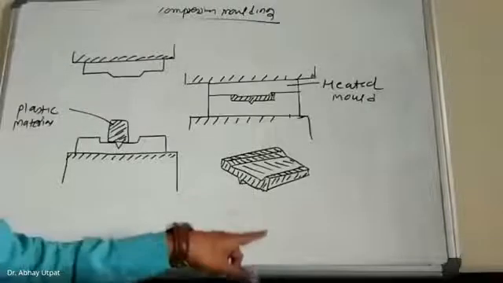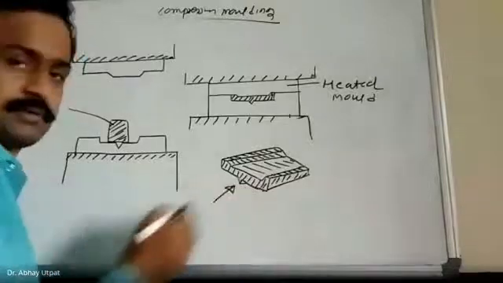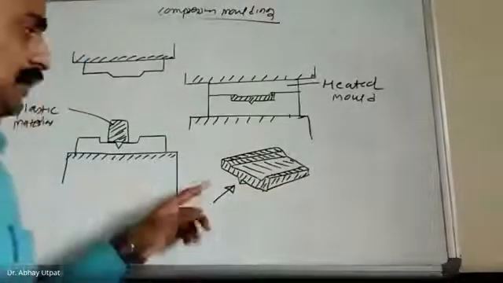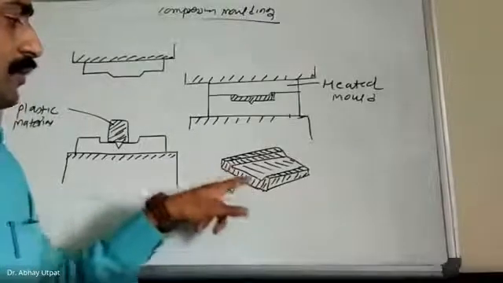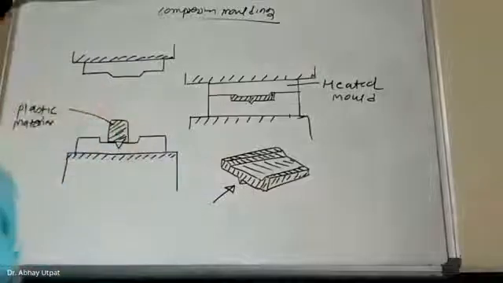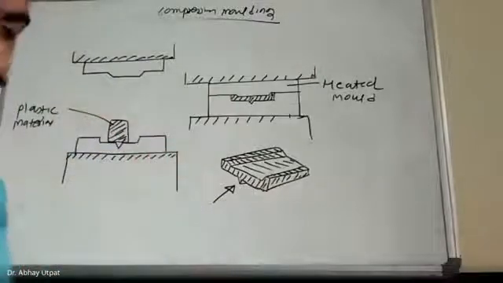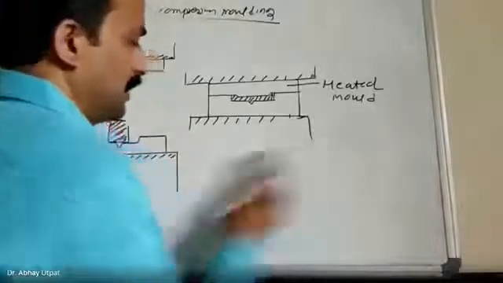You can see this product. Now I have shown you from this view. So this is the view which I have shown. It may have some depth. Just I will rewrite the hatching pattern.